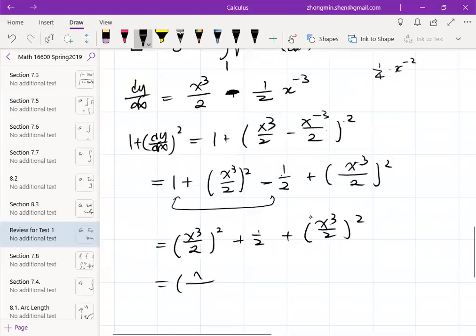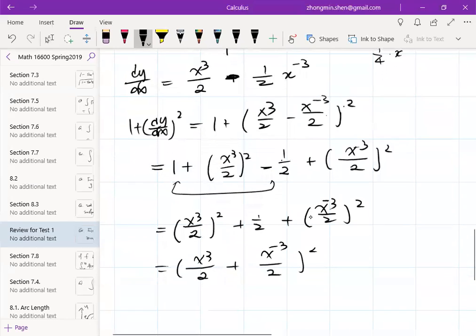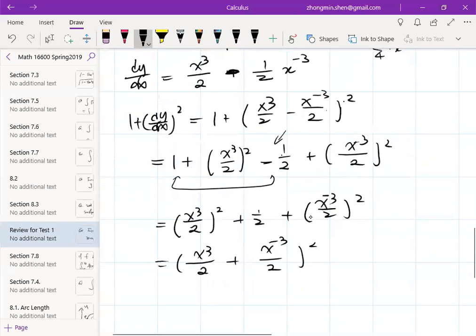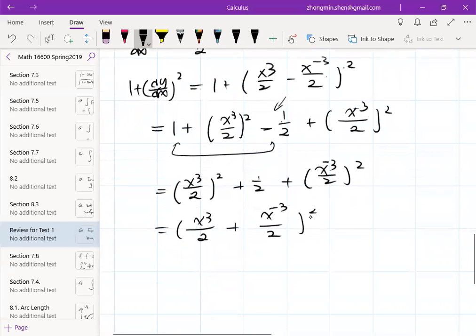Right? Because if there's a negative sign, you get a negative sign here, but now it becomes a positive sign, so it just changes to the positive sign. So this is a square.